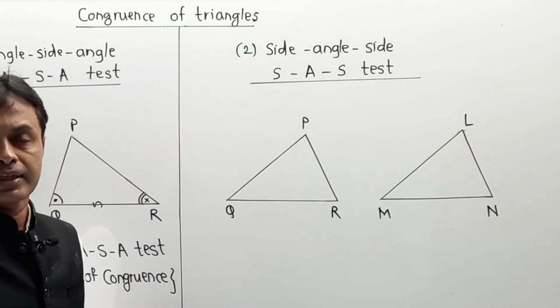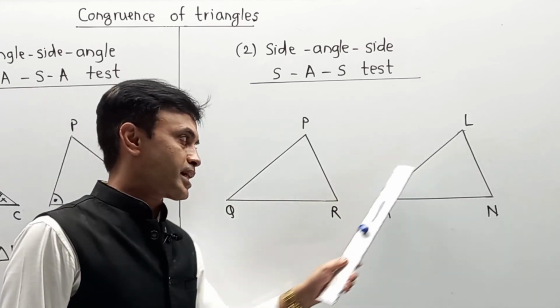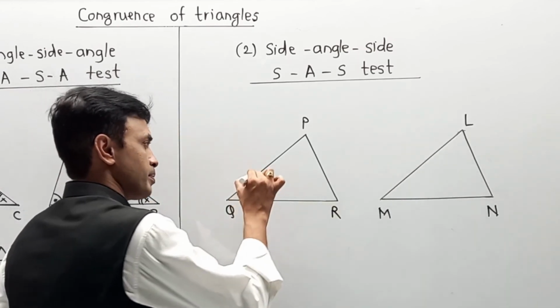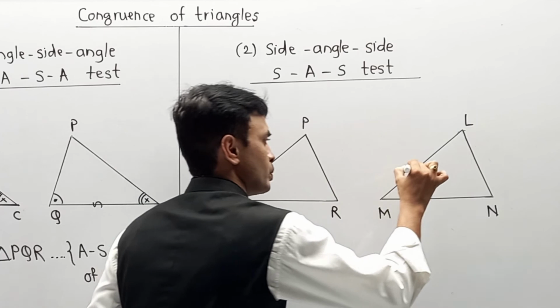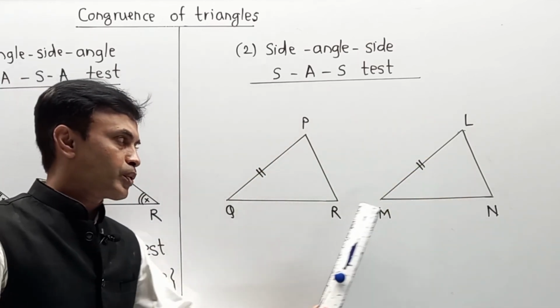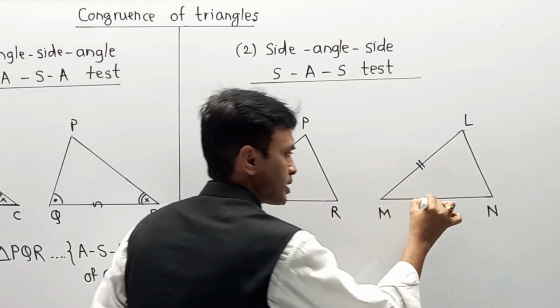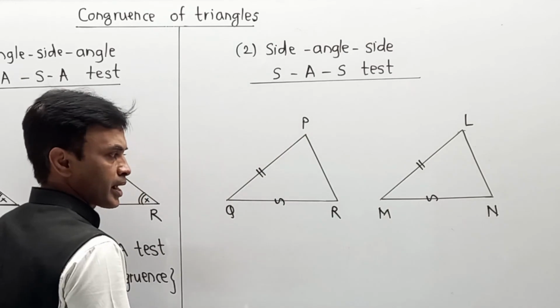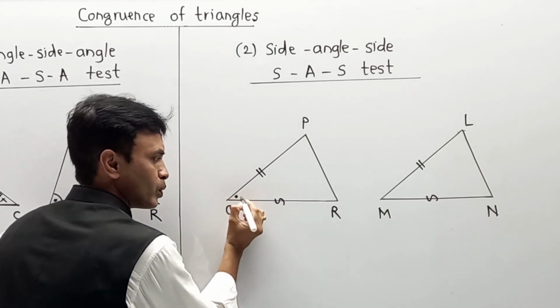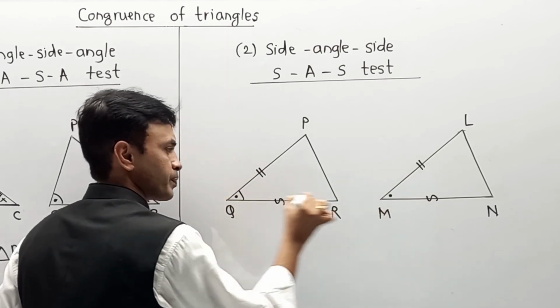Now one by one, if I say that the length of PQ is exactly equal to the length of LM, the length of QR is equal to the length of MN, and angle Q is exactly equal to angle M.